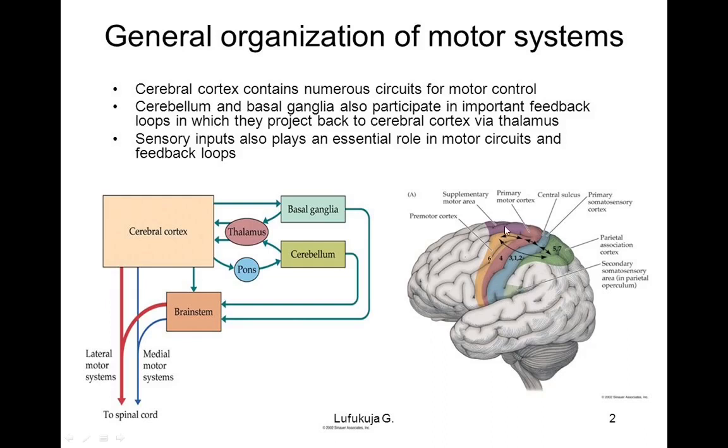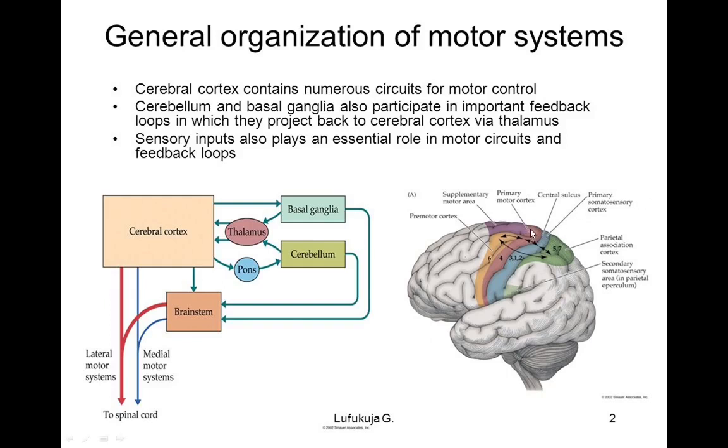And when you look at these different areas of the sensory motor cortex that are involved in the generation of motor functions, that means movements and postures, you'll find that the primary motor cortex is basically concerned with planning, programming, and initiating of movements, the final desired movement.